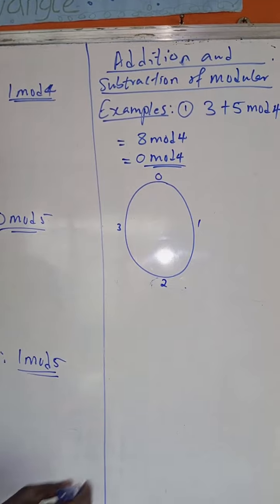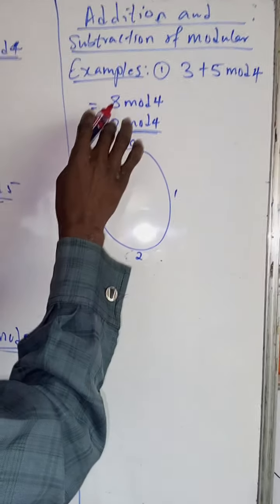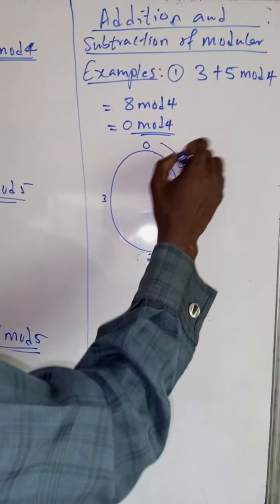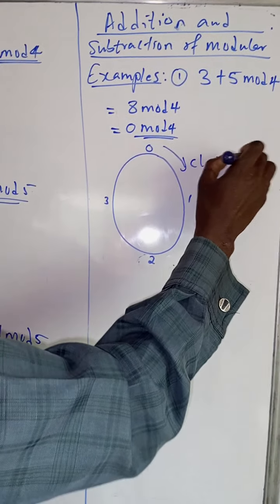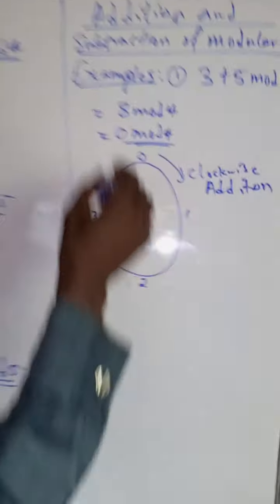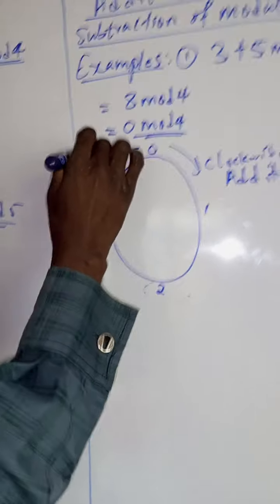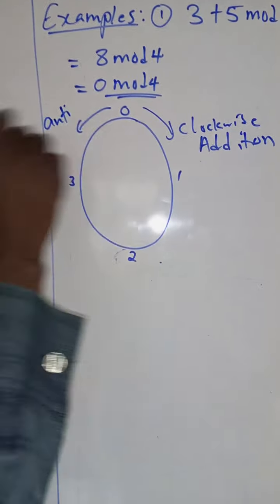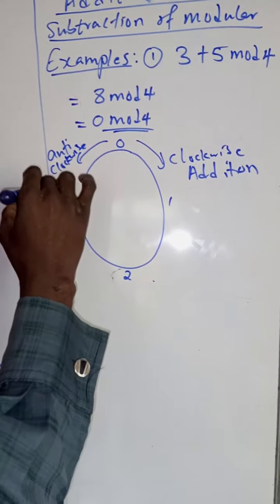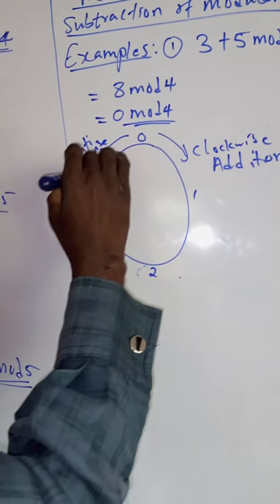When you go clockwise, it is addition, while anti-clockwise is subtraction.